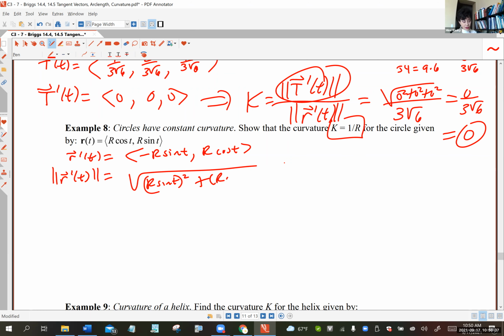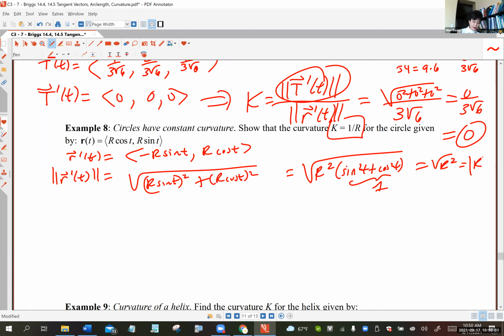R squared is a common factor. When you factor it out, sine squared plus cos squared is 1, you get the square root of R squared, and we'll just get R. Actually, the absolute value of R, because you want your curvature to be non-negative.